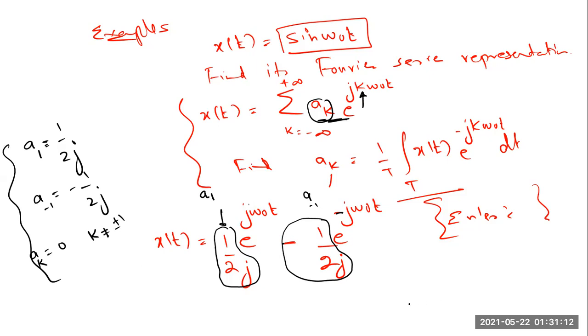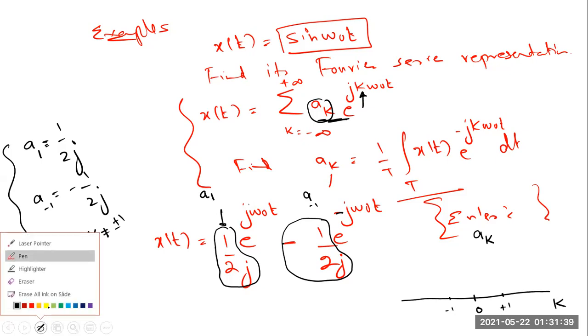Now, if I draw the line spectrum for this case, if I plot the Fourier coefficient with respect to k, I just need plus 1 and minus 1. Okay?